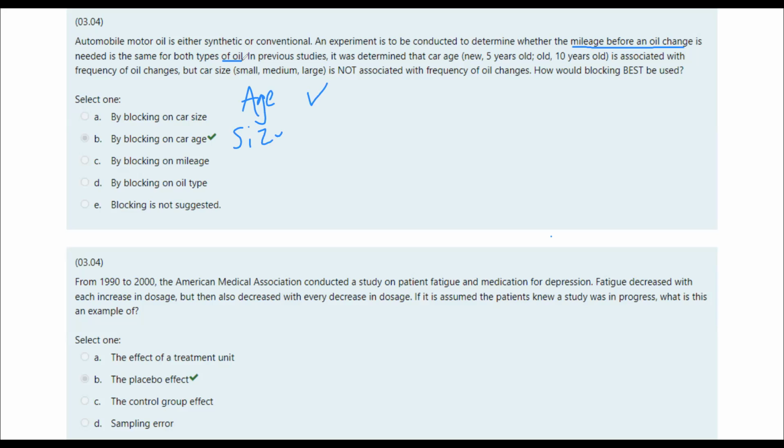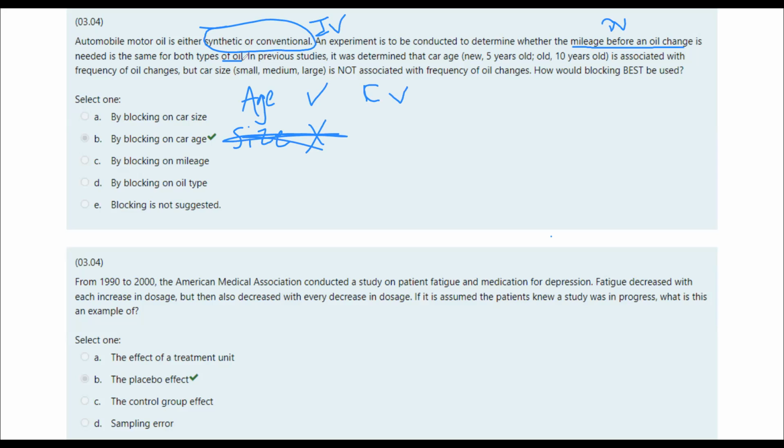Size, no. So we're trying to figure out if the type of oil, which really is the independent variable, would affect whether you need mileage. But we're just told that age has an effect. So this is a confounding variable. This is not, so that it's basically pointless. It's kind of just trying to throw you off.